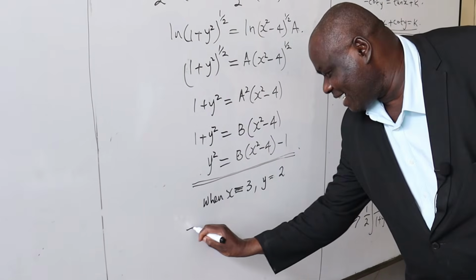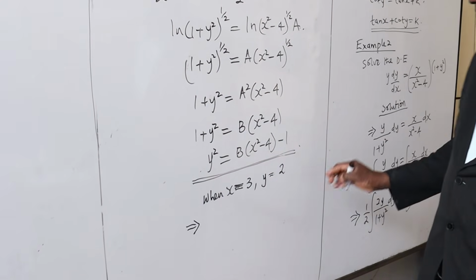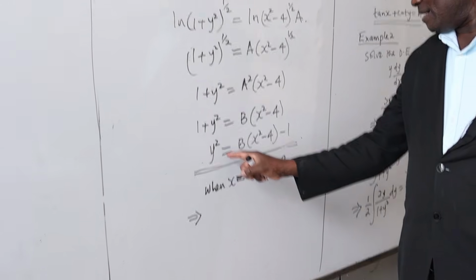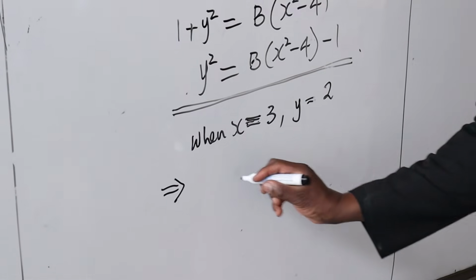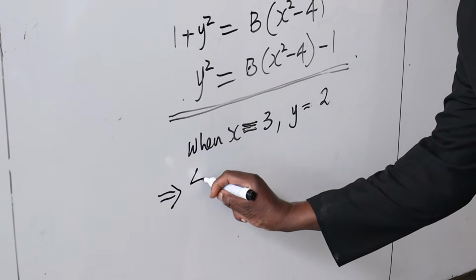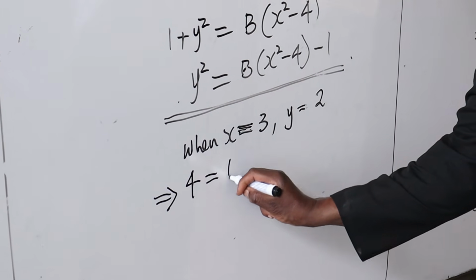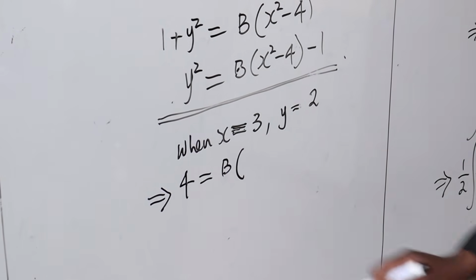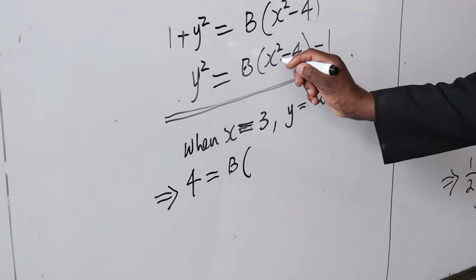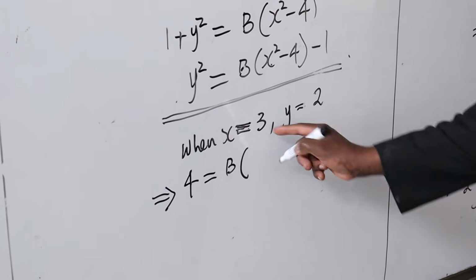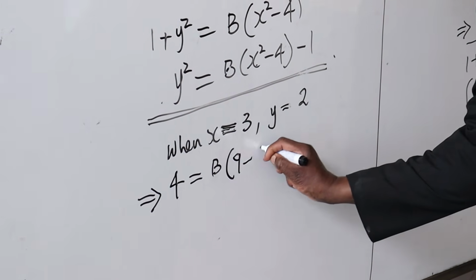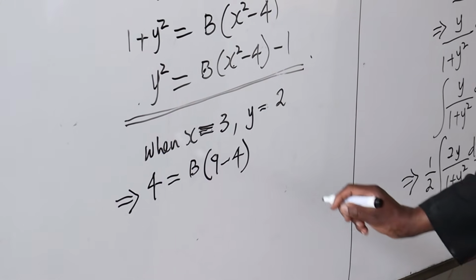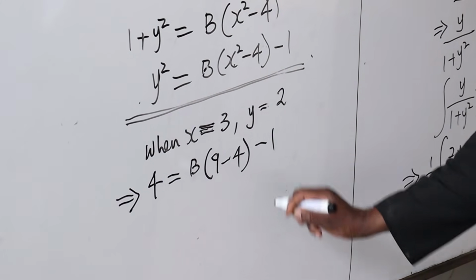So this implies, where there is y, we insert 2. So this one will be 4 is equal to b into x squared, our x squared will now be 9 minus 4, then minus 1.